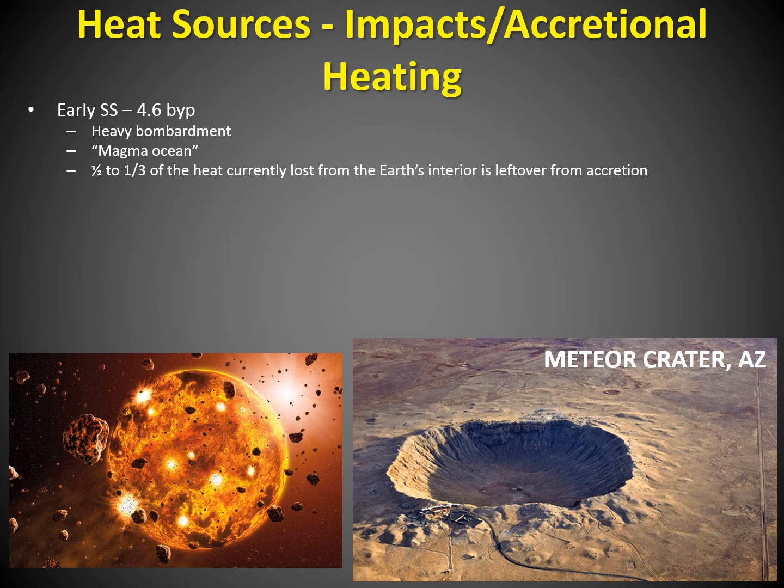And the outer crust cooled, and a lot of that heat is trapped inside the Earth. It's estimated that today about a half to a third of the current heat loss from the Earth is probably due to this original heat from when the Earth first formed as a planet.